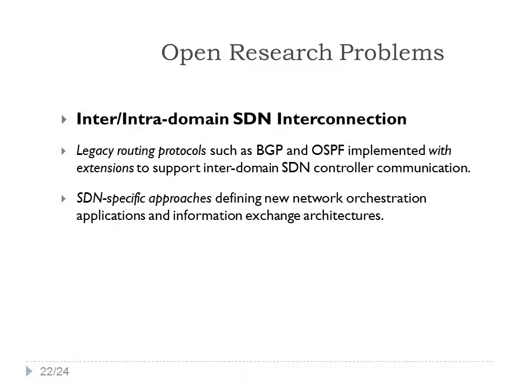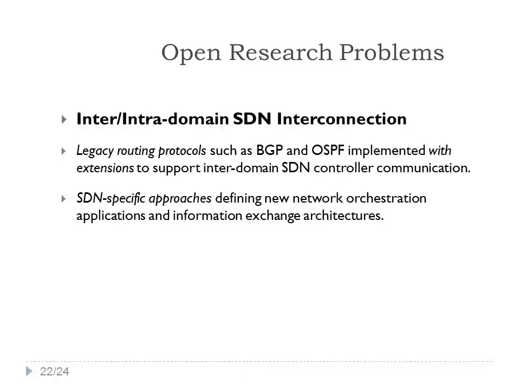Finally, we have the inter- or intra-domain SDN interconnection problem. At the present moment we have used legacy routing protocols such as BGP and OSPF, implemented with a bit of extensions to support inter-domain SDN controller communication. That is basically communication between the controllers residing within the same autonomous system as well as controllers belonging to different autonomous systems.